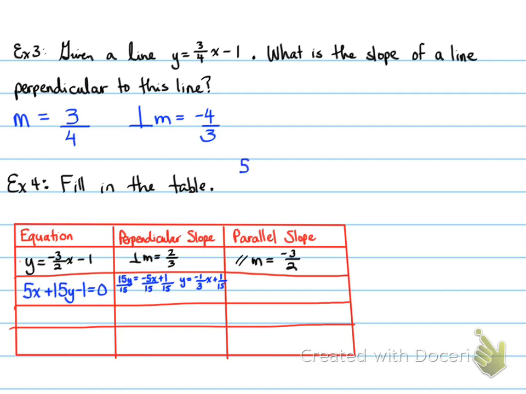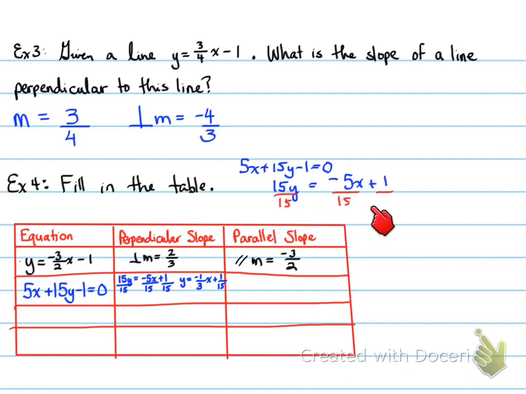Well, what will our perpendicular slope look like? Again, I just put it up at the top here so you could see this, just in case it's hard to read inside the table. I rewrote it up here: 5x plus 15y minus 1 equals 0. 15y equals negative 5x plus 1.